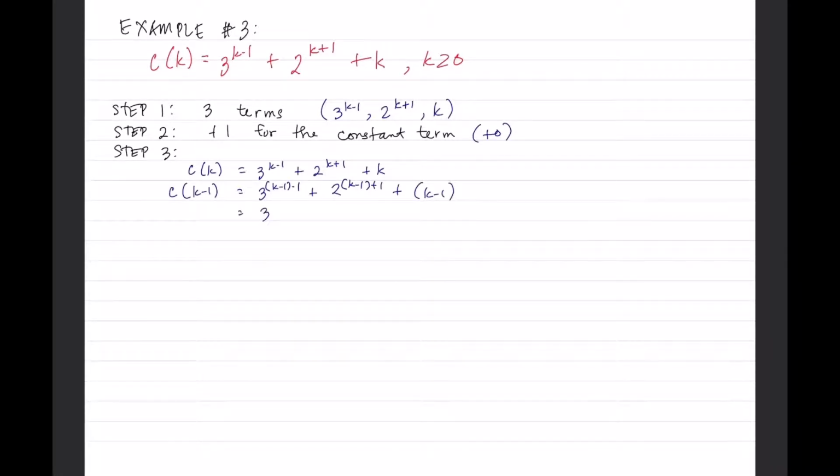So we solve this. 3 raised to, that becomes k minus 2 plus, we copy the other terms. Then we solve the second term. That would give us 3 raised to k minus 2 plus 2 raised to k plus the quantity k minus 1.